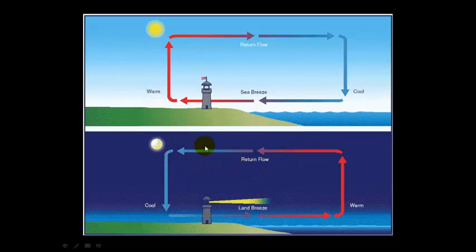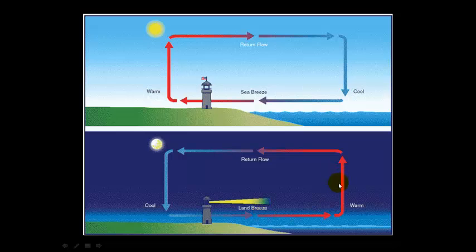Now, what happens in the wintertime? Well, again, our water is going to have to lose a lot of energy in order to cool 1 gram of water 1 degree Celsius. So the water actually stays warmer longer because it has to lose a lot more energy in order to change the temperature just 1 degree Celsius.